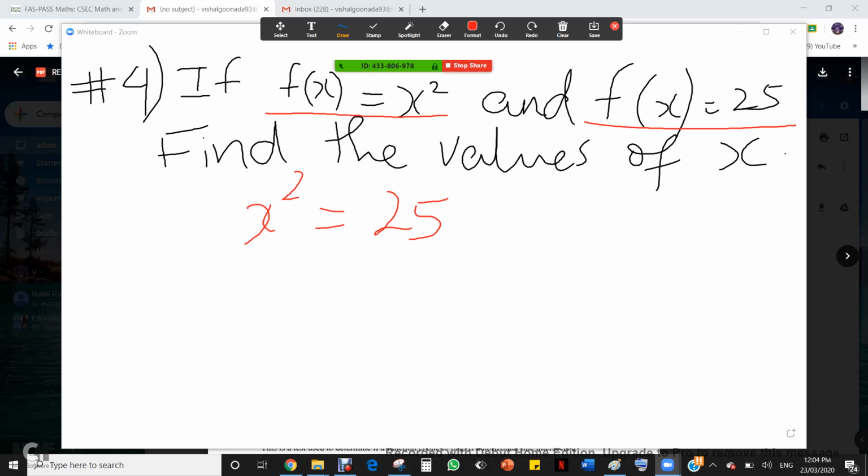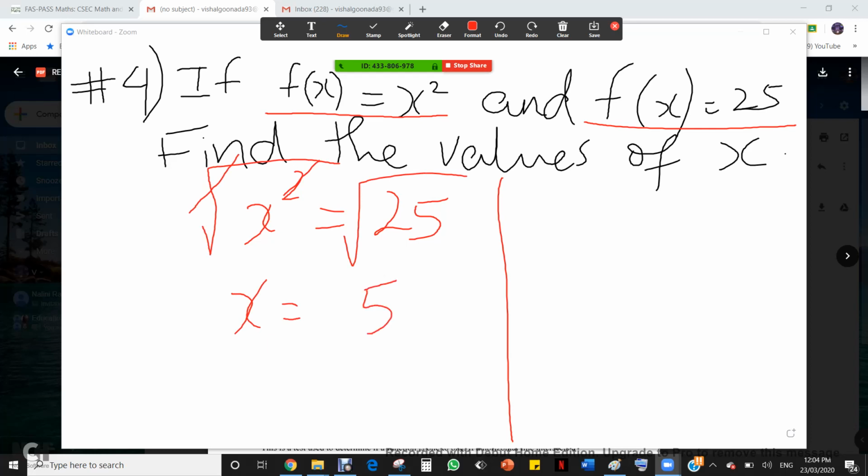Right? And there are two ways you can do this. I'll do it on this side. The first way is to get rid of the square sign, and you do it on this side. So this cancels with this. So x is equal to 5. But whenever you are finding the square root of a number, it's not just 5 alone, right?